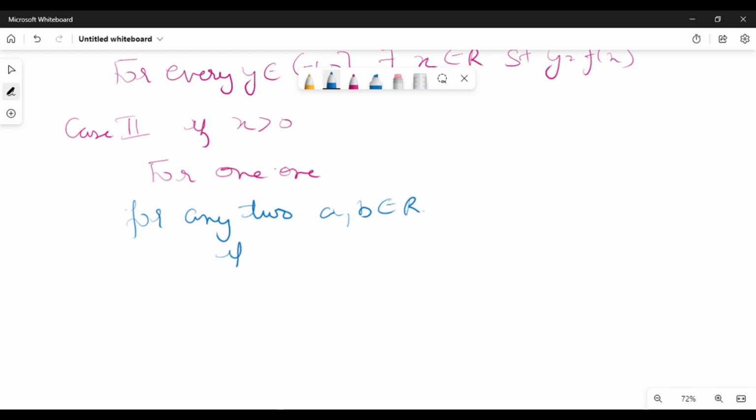I will suppose that if f of a equals f of b, that their images are equal. Again, what I will have to prove is that if images are equal, then elements are also equal. Using this, I have to prove that a is equal to b.